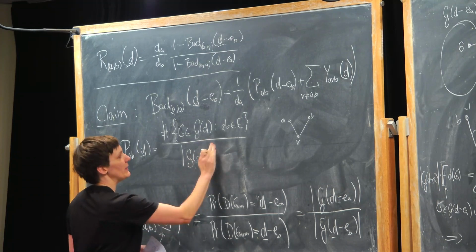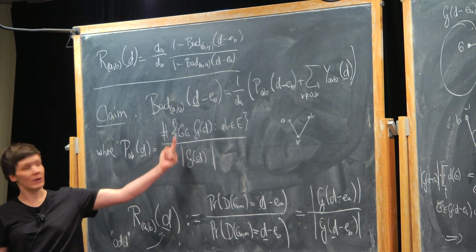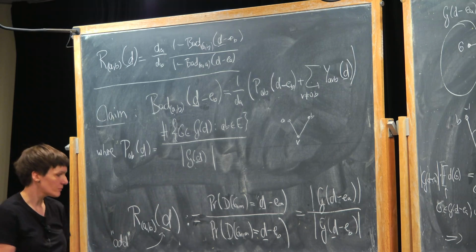So it's just the probability that I see an edge if I pick one such G uniformly at random.